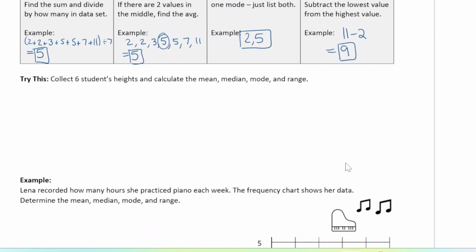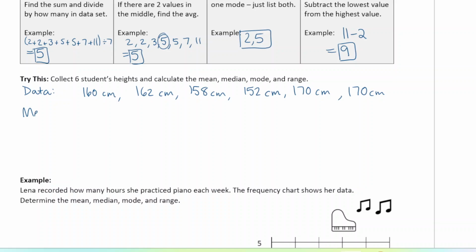Okay, so we're going to collect 6 student heights now and find, again, the mean, median, mode, and range. Because we don't have students in front of us, we're just going to make them up. So this is our data. So let's say we have 160 centimeters, 162 centimeters, 158 centimeters, 152 centimeters, 170 centimeters, and 170 centimeters.